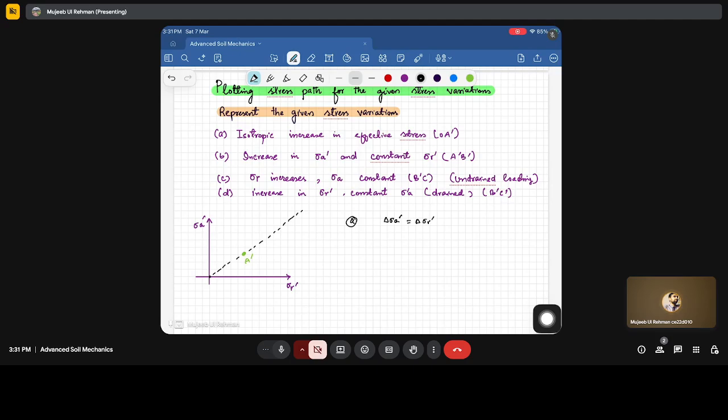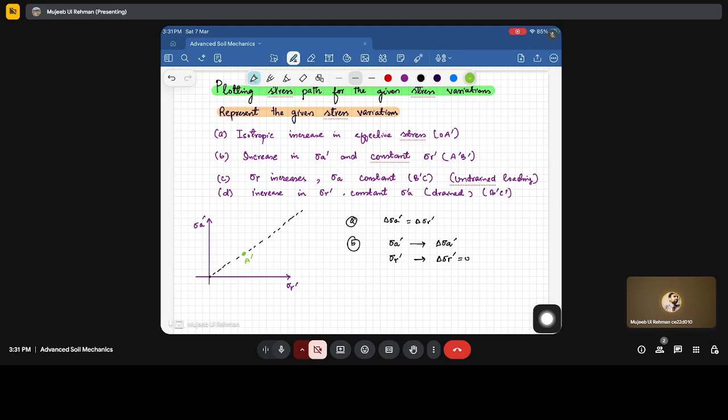Now the B part is an increase in the axial stress and constant sigma r. It means that if sigma a is the initial axial stress, it has been increased, let's assume by delta sigma a, and sigma r is constant, so the change in delta sigma r is 0.